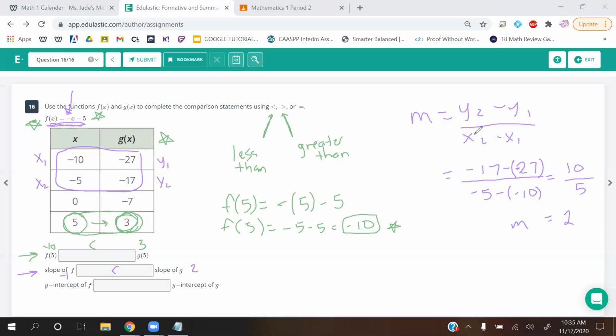So it's negative 1x, because f of x equals negative x minus 5 is the exact same thing as f of x equals negative 1x minus 5. Even though I didn't write the 1 in this equation, just know that if you don't see a number there and it's being multiplied, that means it's a negative 1. So that's why we got the negative 1 over here. Good question. Any other questions?